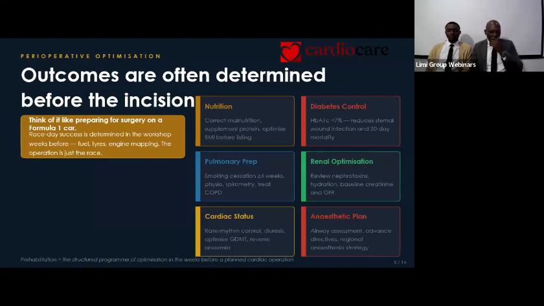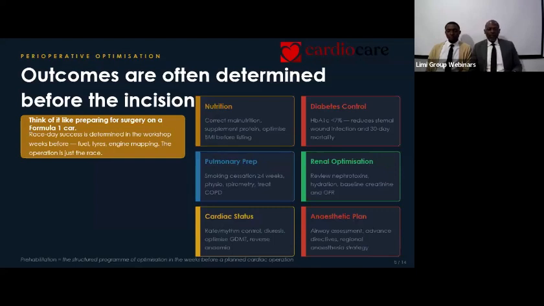For the cardiac status, I don't think I should have to say anything about that. You expect that we optimize them as much as possible if it's not an emergency. Diabetes control is ideal. You have to make sure that the blood sugar is well controlled. Any patients who are on any nephrotoxic drugs before surgery, you stop them.